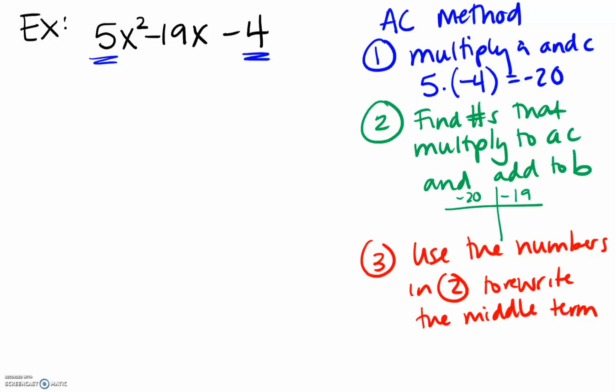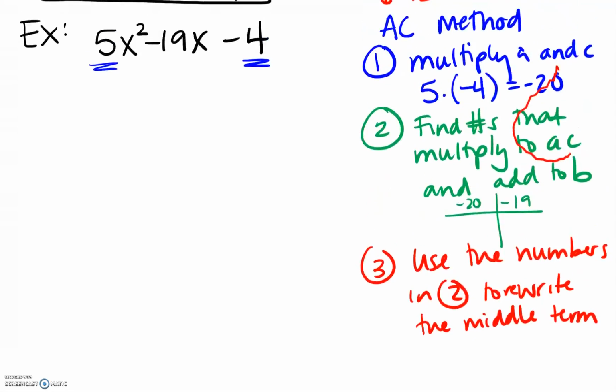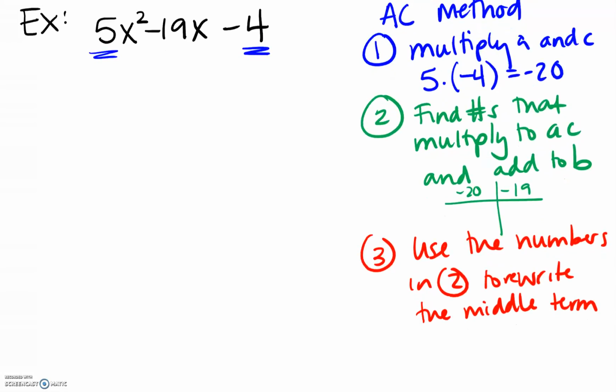Since we're looking for a negative 20, we know that our numbers have to have opposite signs, otherwise they wouldn't multiply to a negative. And since they're adding to a negative 19, we know that this must be the bigger. So the very first set of factors I would write down would work here, because I always go 1 and 20 first. We know the 20 needs to be negative, and those add up to my negative 19. So I already found what I'm looking for in the very first set of factors.